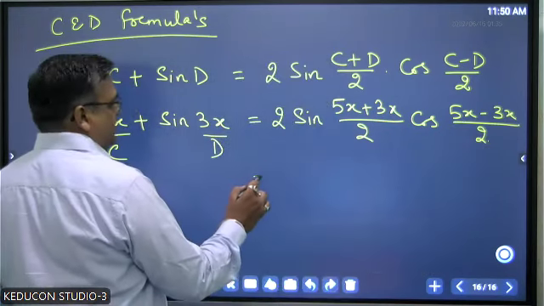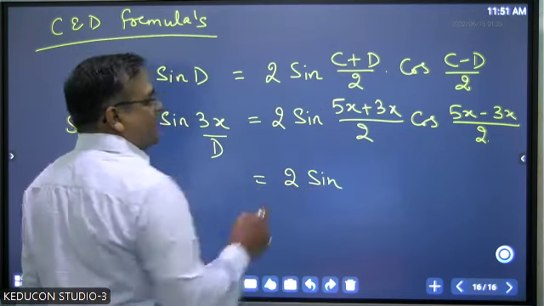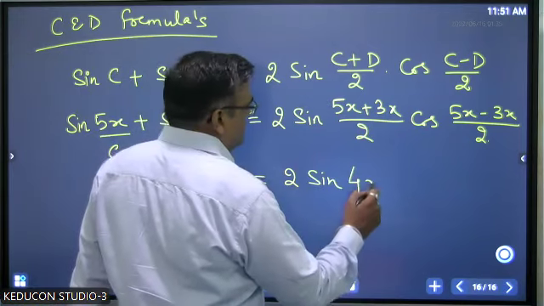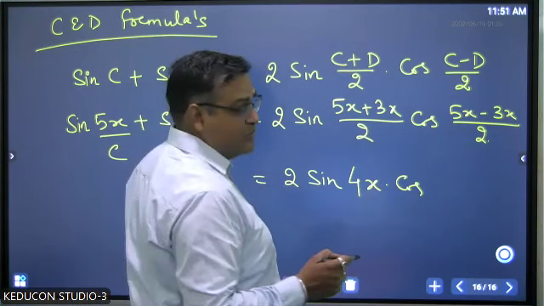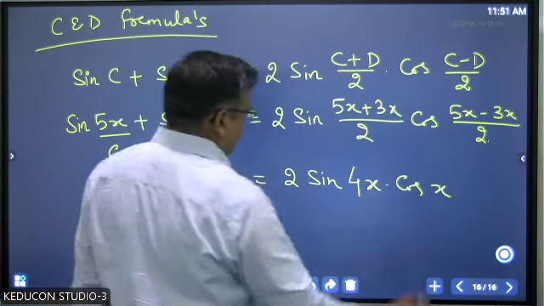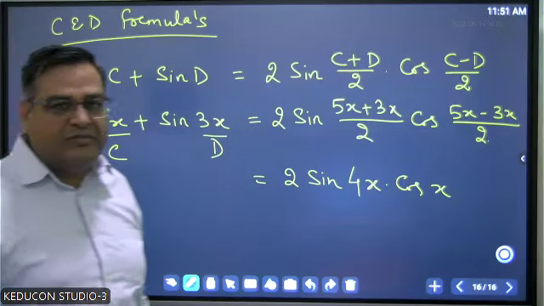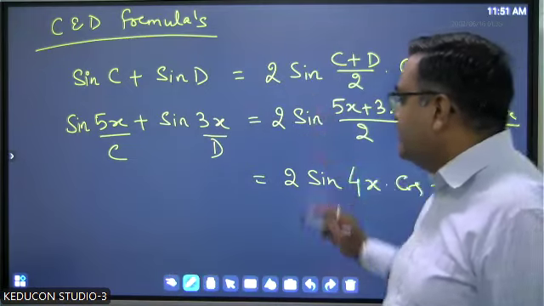So this becomes 2 sin of (5x plus 3x) by 2, that is 4x, into cos of (5x minus 3x) upon 2, that is x. So 2 sin 4x cos x. That is the way to solve the question on the basis of this formula. Similarly, we have sin C minus sin D.